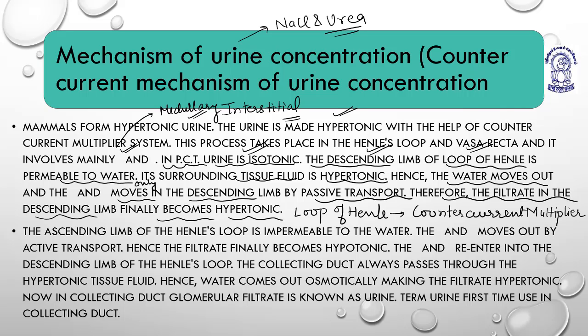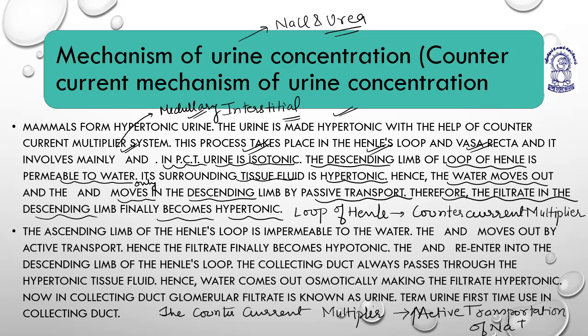The countercurrent multiplier basically increases the active transportation of Na plus, and the passive transport of urea increases.